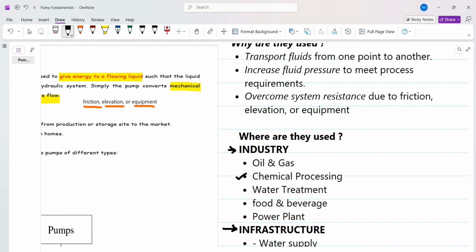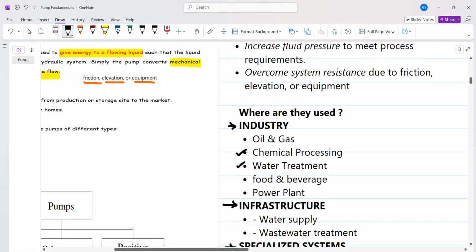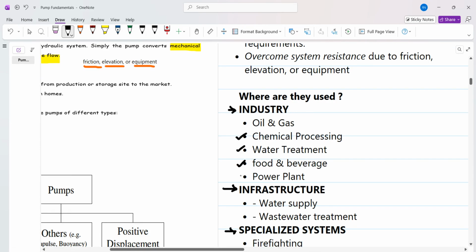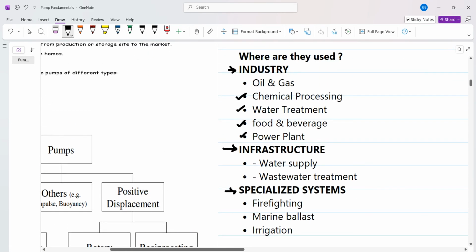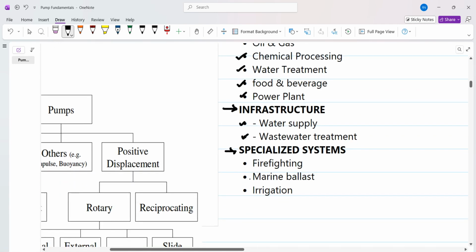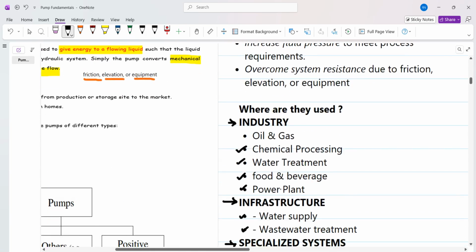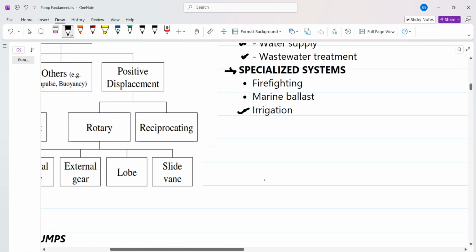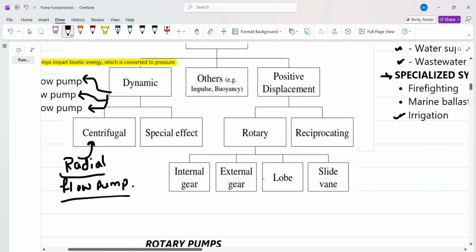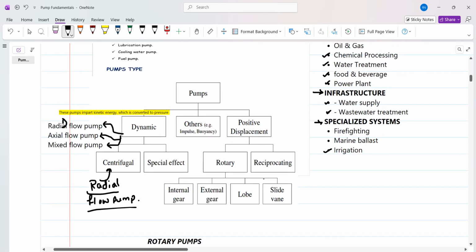Also in chemical processing, water treatment, food and beverages, and in infrastructure like water supply and water treatment plants. In specialized systems like irrigation, pumps are used to transport fluid from one place to another. After that we discussed the types of pumps.